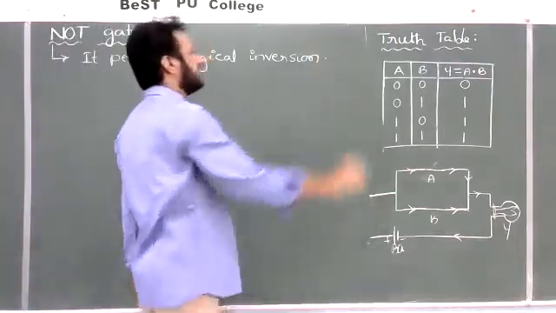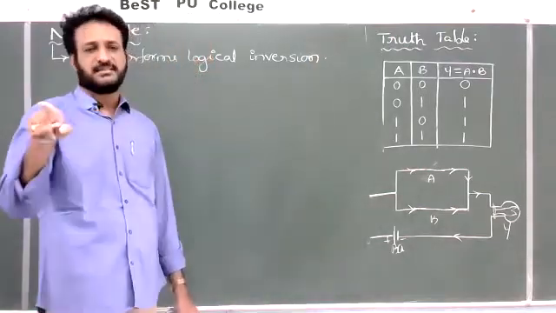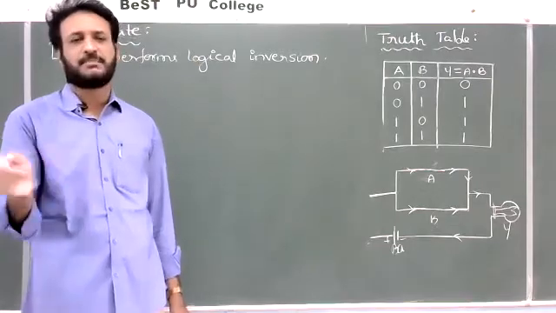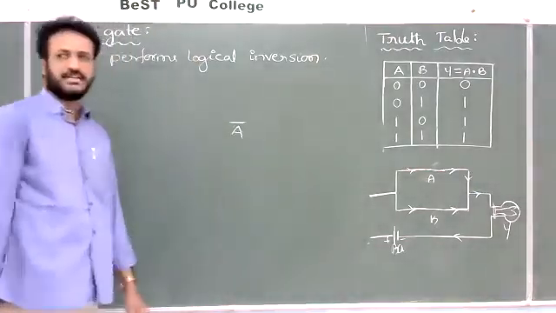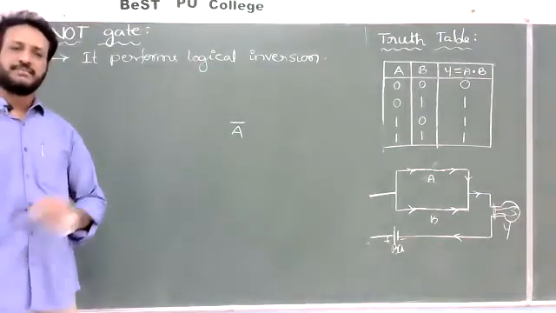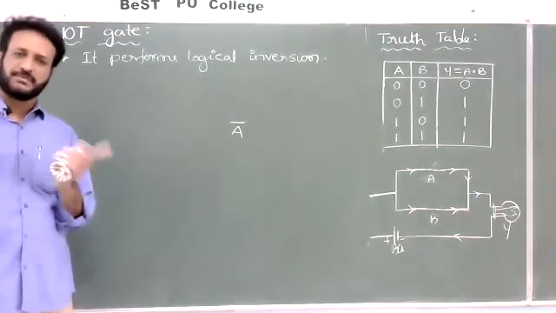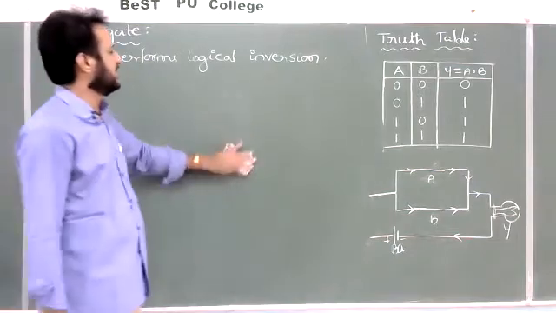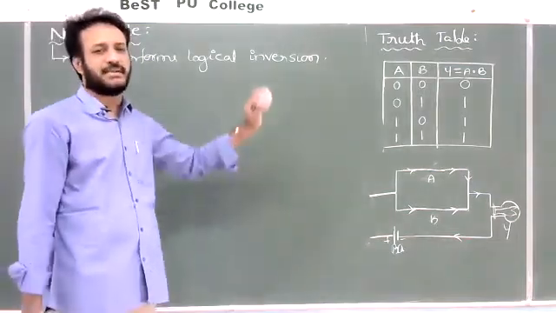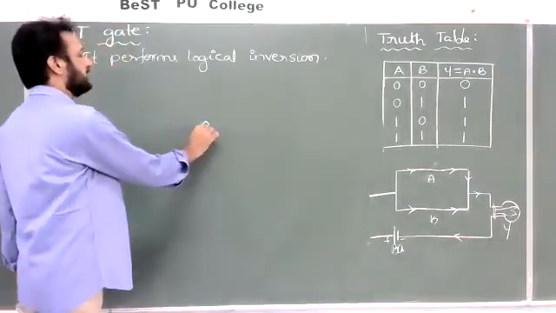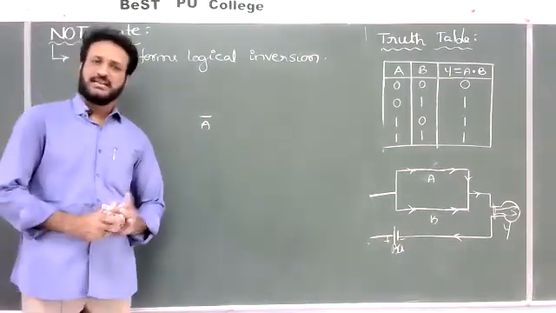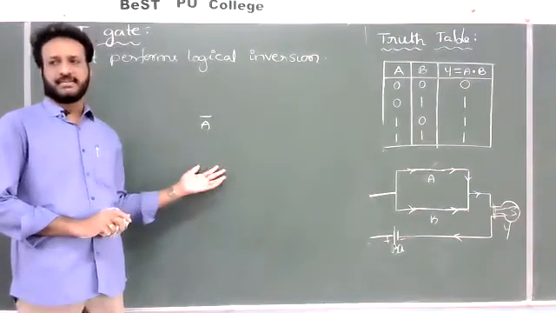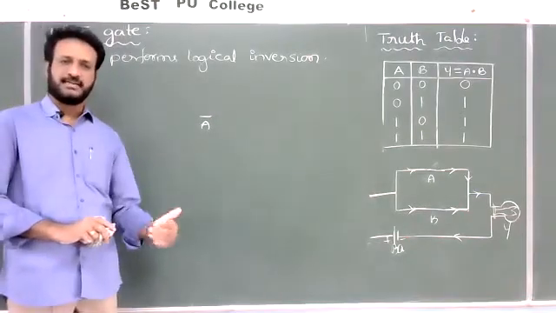Generally, to show logical inversion we put a bar, similar to a minus sign. For example, if A is given, you put a bar on it and read it as A bar; B given, B bar; Y given, Y bar. That is how you read logical inversion or logical complementation. If you write A complement, you may read it either as A bar or A complement, B complement, C complement, Y complement.